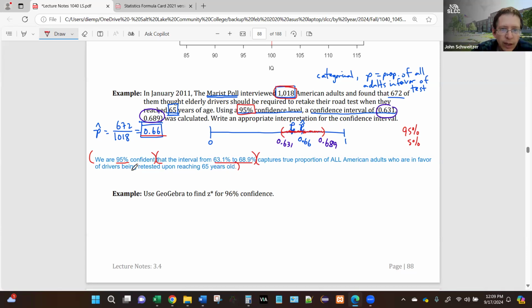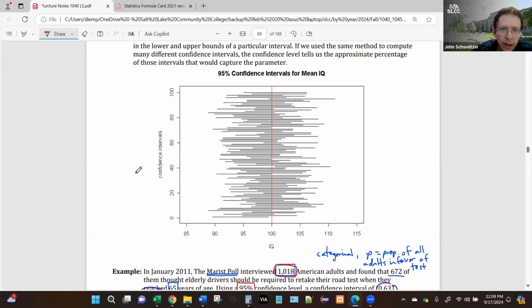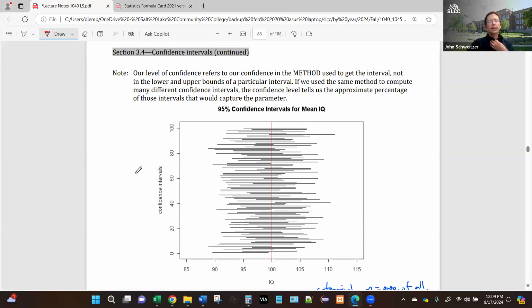So there's a really nice applet that gives us a visual idea of how this would work. Let's say we're studying IQ, and let's say the average for this particular IQ test is 100. So the middle of the distribution is 100. And let's say we're building confidence intervals to try to capture that average or middle value.